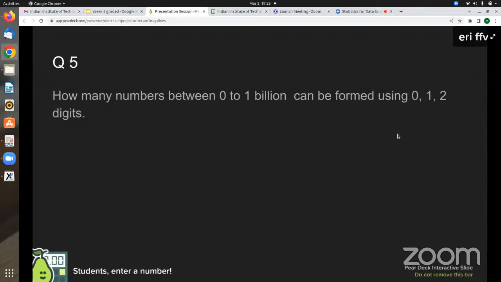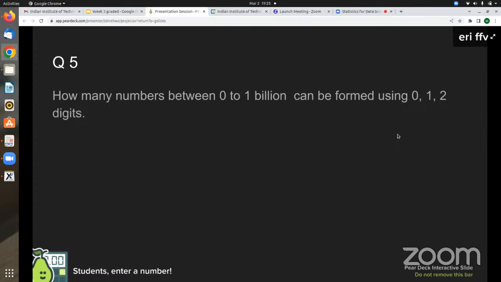How many numbers between 0 and 1 billion can be formed using only these three digits, 0, 1, 2? So how many digits are required to have 1 billion? How many places should there be? 1 million is 10 lakhs, so it has 7 digits, 6 zeros.